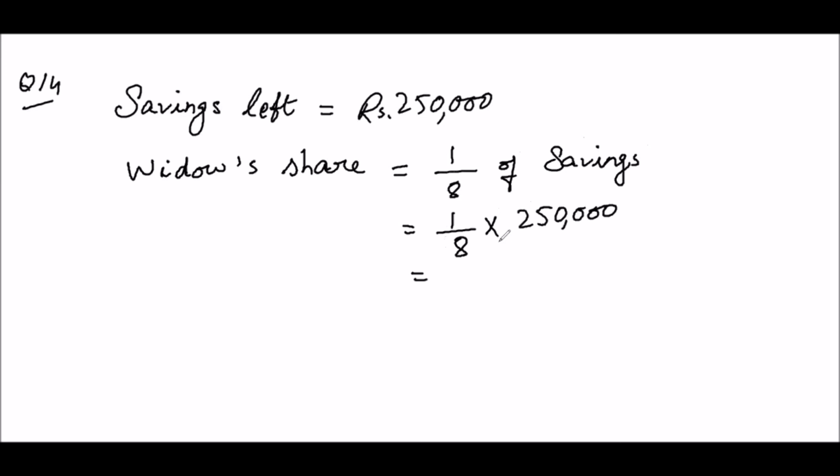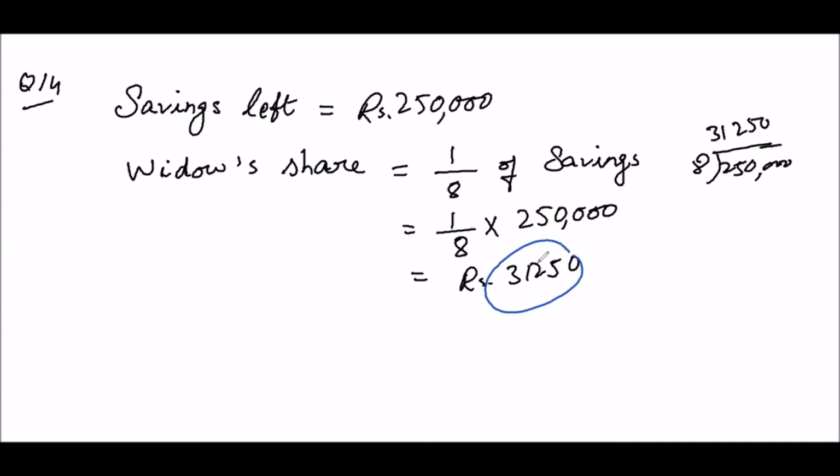Now by solving, when we divide 250,000 by 8, we get 31,250. So this amount will go to the widow.